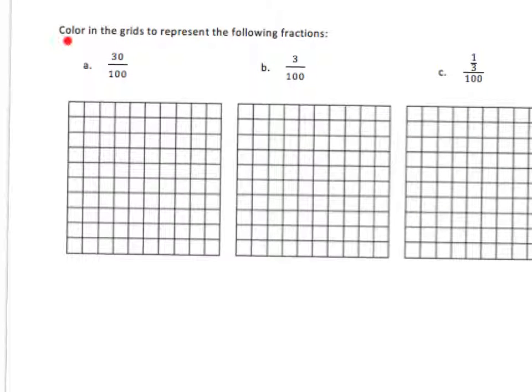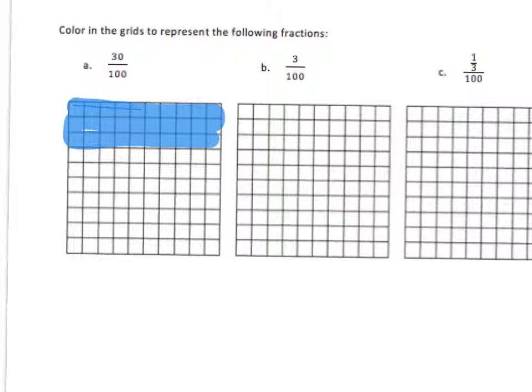Alright, for this one, I want you to color the grids to represent the following fractions. So I want you to remember that this flat is 100 squares. So 30 out of 100 would look like, here's 10, 20, 30.